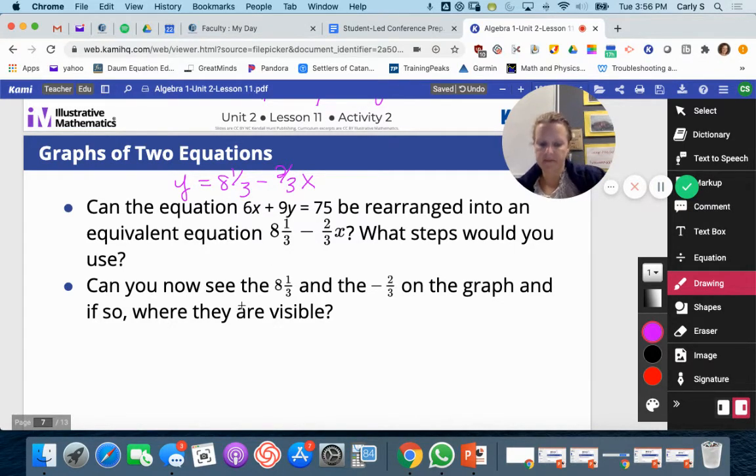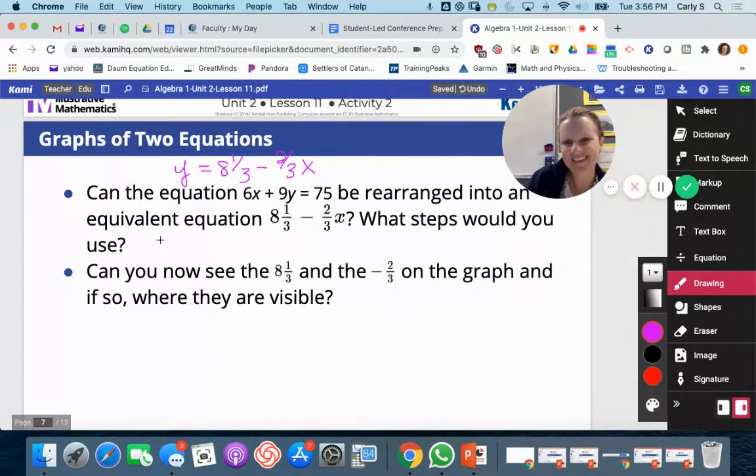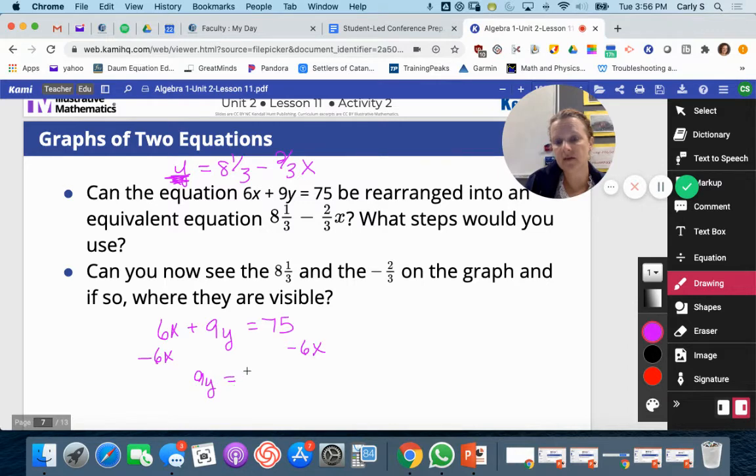So let's try it. I'm going to take the original equation right down here. What was it? I've already forgotten. Which one's x, which one's y? 6x 9y. Sorry. So I have 6x plus 9y equals 75. So let's solve this for y, like that one is up there. So I'm going to subtract 6x from both sides, and I will get 9y equals 75 minus 6x.